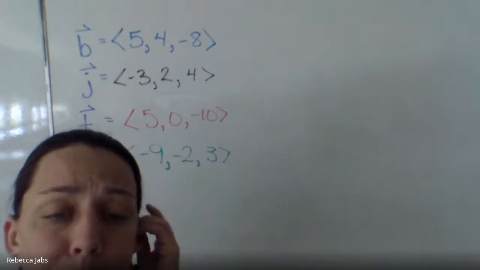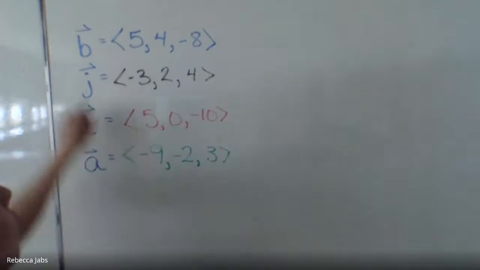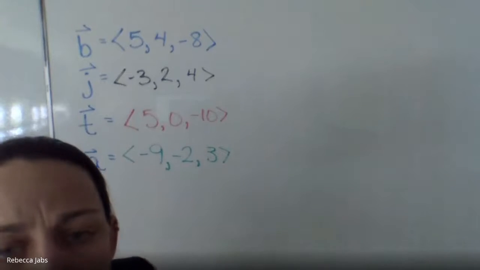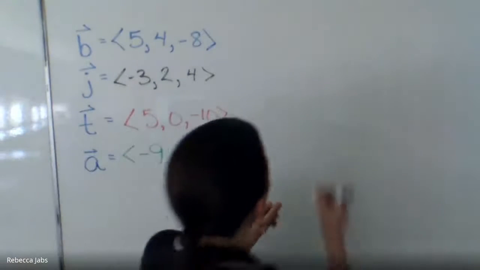Let's see, I am up to Madison. Madison, would you pick one of these letters, B, J, T, or A?